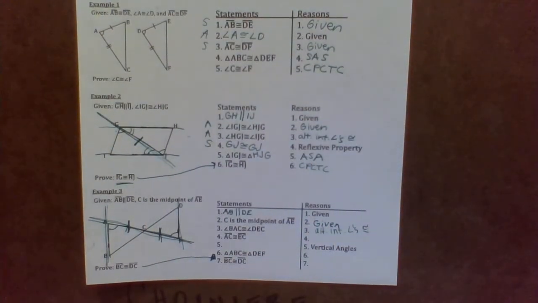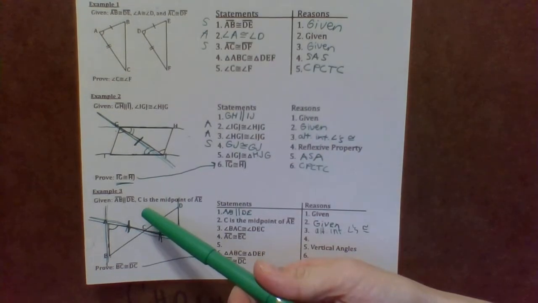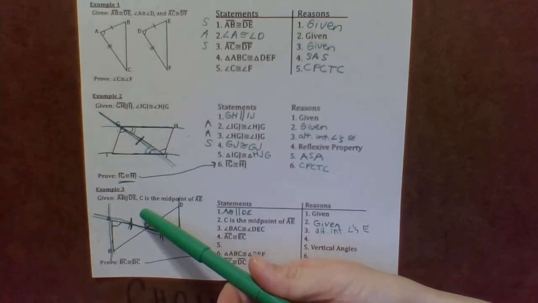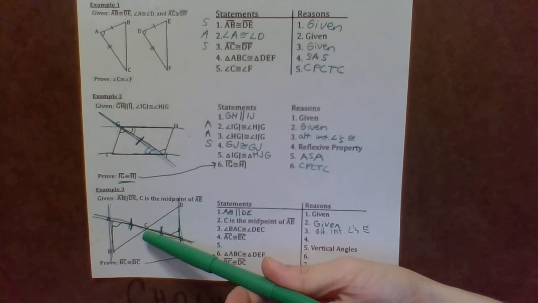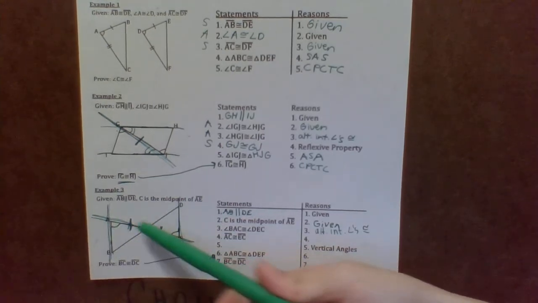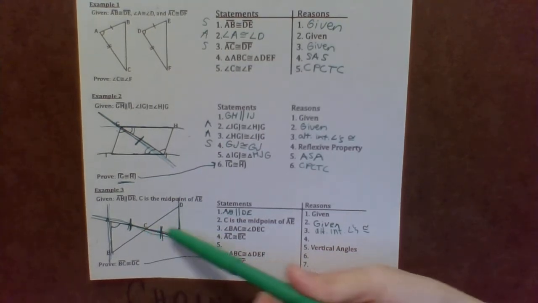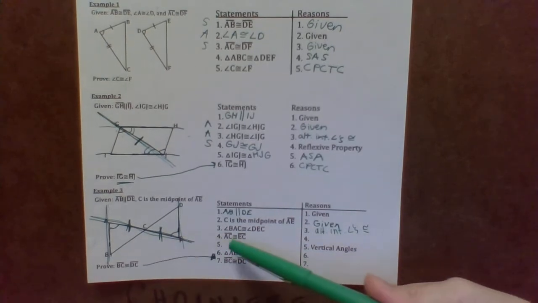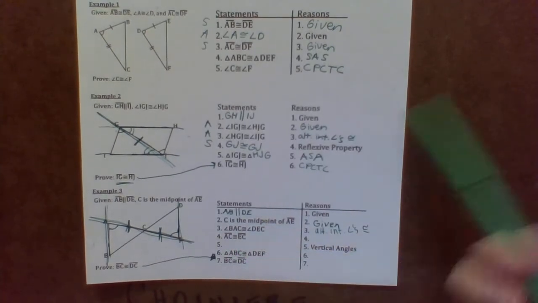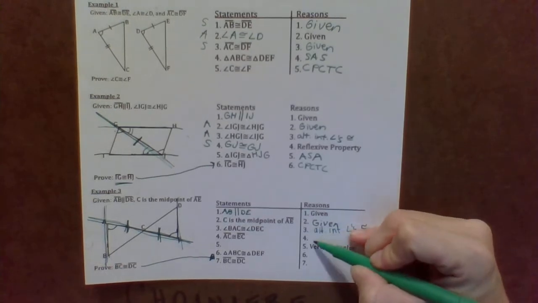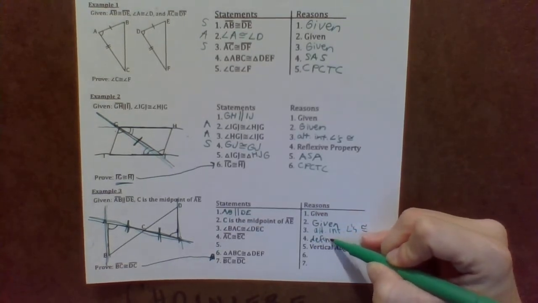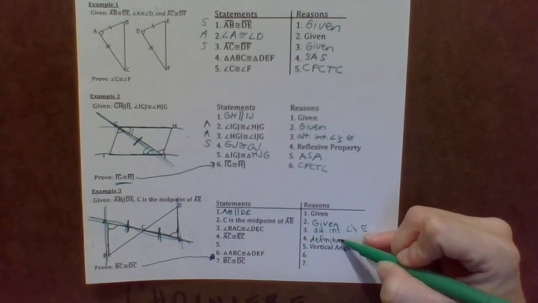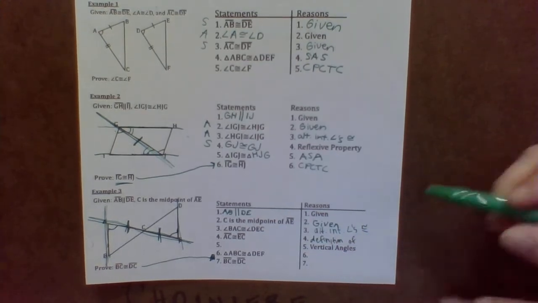It has nothing to do with the parallel lines, but if you look back up at your given information, the fact that C is a midpoint of AE means C is exactly between A and E, so that the distance from A to C must be the same from C to E. It divided it right in half. So by claiming those segments are congruent, then that's simply just using the definition of midpoint.